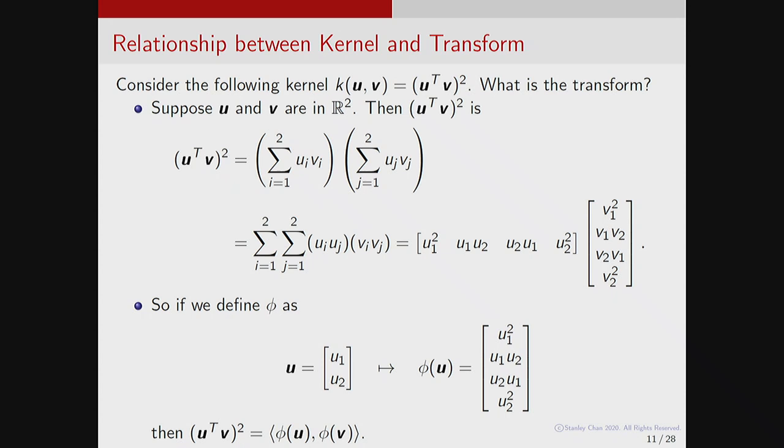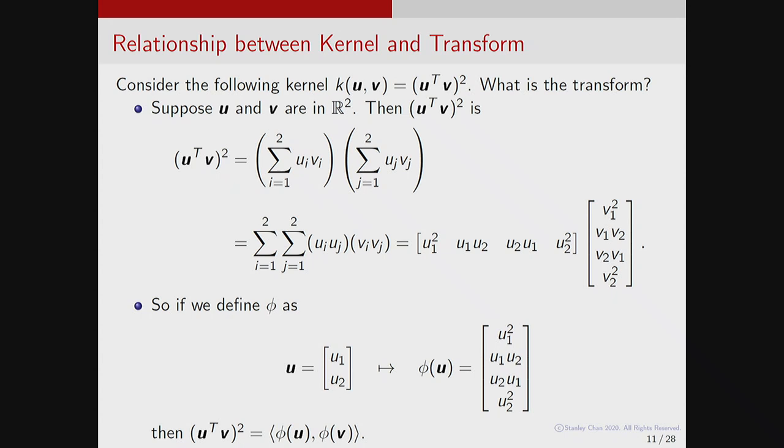This is just one of the many possible examples of constructing a kernel. Can this be useful? Let's work with them later. But this is one example showing you, given a kernel, is it possible to find a phi? It is possible under certain conditions. It's not always possible, but in this case, it's possible.